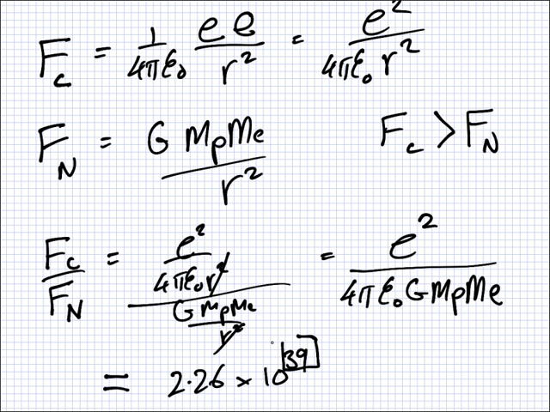So it means that gravity is extremely weak. So weak that you don't even notice it when you're looking at protons and electrons. It's just ridiculously small. You couldn't possibly measure it.